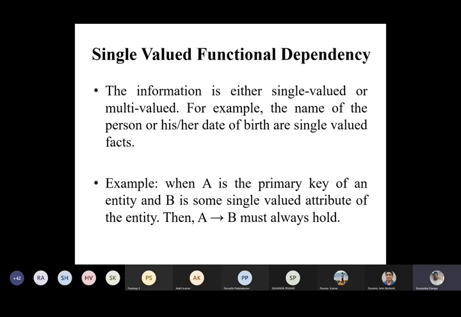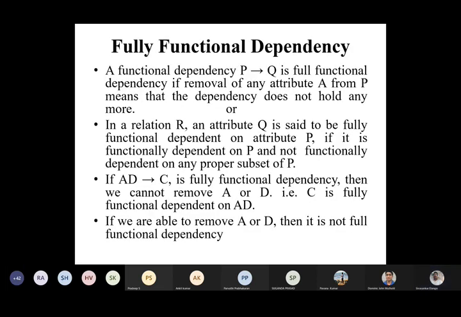When A is the primary key of an entity and B is some single valued attribute of the entity, then A determines B must always hold good. So you know the roll number; roll number can determine the date of birth of the student, where B is a single valued fact. This is known as a single value dependency.